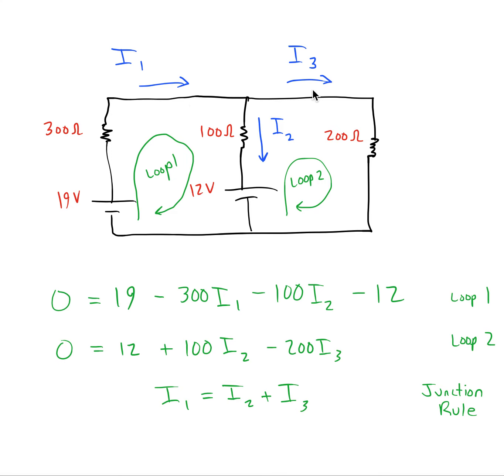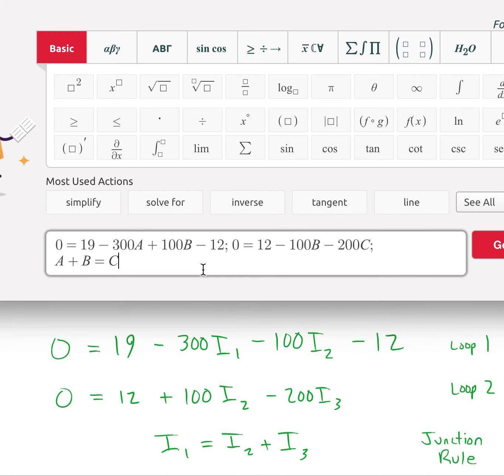Because according to the currents I had drawn, I1 comes into the junction. We put that on the left, and then I3 and I2 both are leaving the junction, so they would go on the right of the equation. Now I'll use Symbolab to solve this.